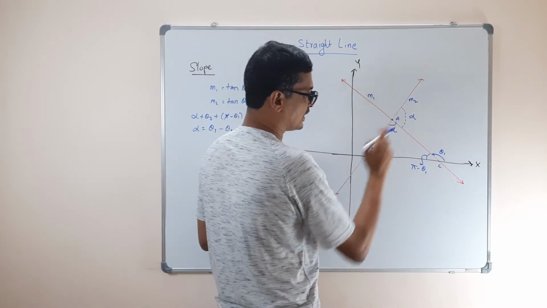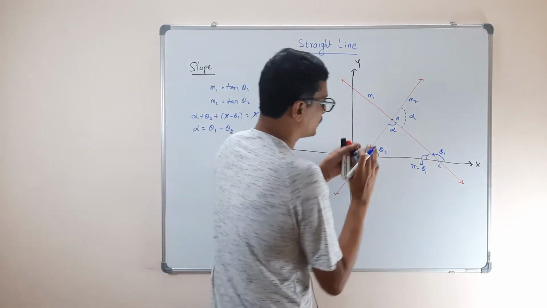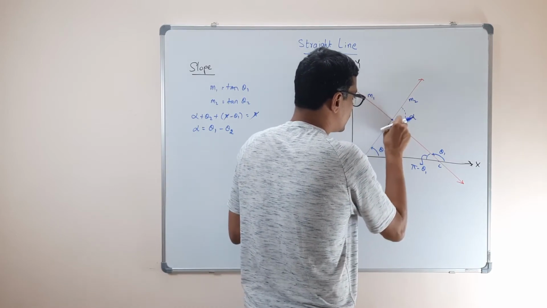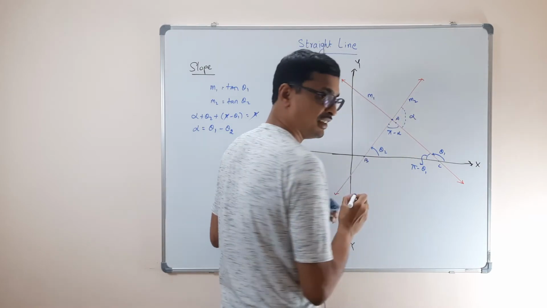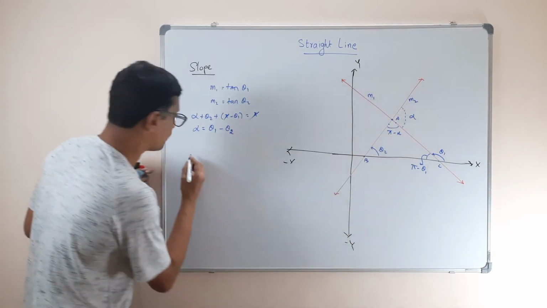So in this case, suppose I say this is the angle, then how will we relate this? Tell me. Suppose this is the angle, then this angle will be how much? Pi minus alpha. Now we use the triangle property again.